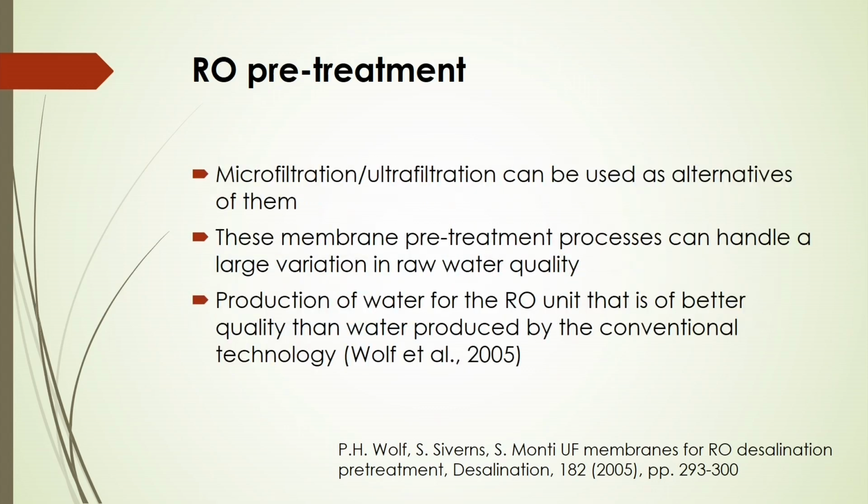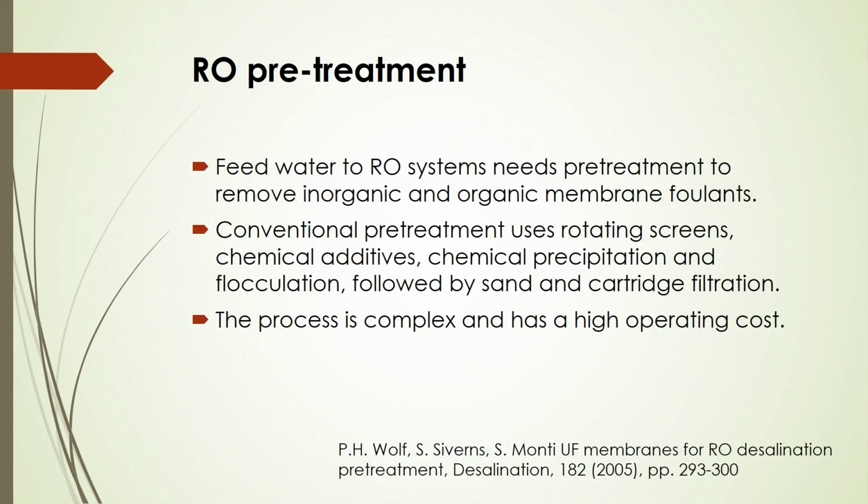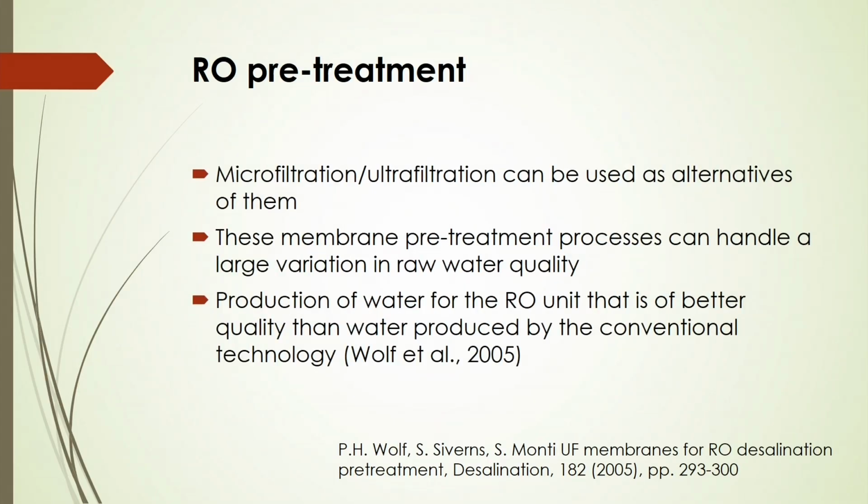And in that case, to remove those micron-size particles from the water stream, you have to use microfiltration or ultrafiltration-based membranes, which give an alternative to the screen process, precipitation process, flocculation, or the use and removal of chemical additives.